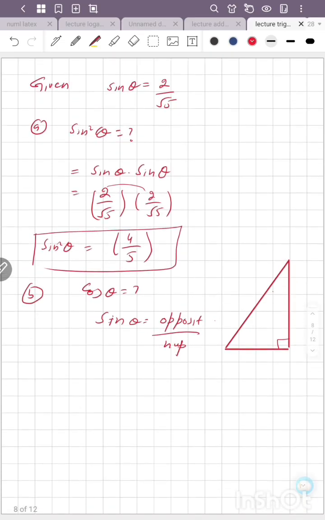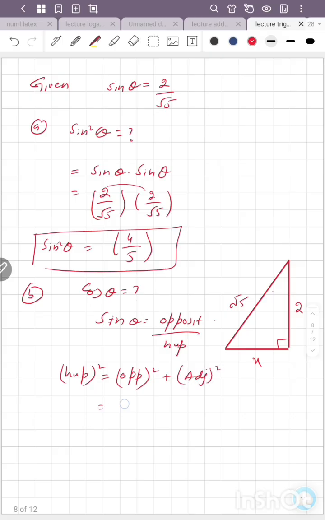Here we have opposite is 2. Look here, opposite is 2, and square root 5 is our hypotenuse, and our base is x. We have to apply the Pythagoras theorem. What is the Pythagoras theorem? Hypotenuse square equals opposite square plus adjacent square.